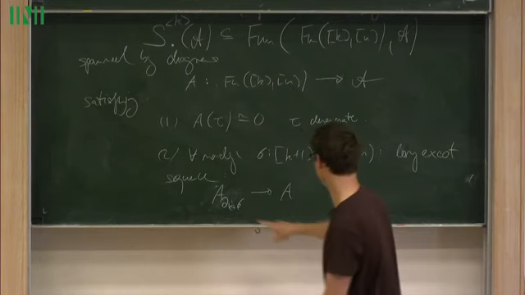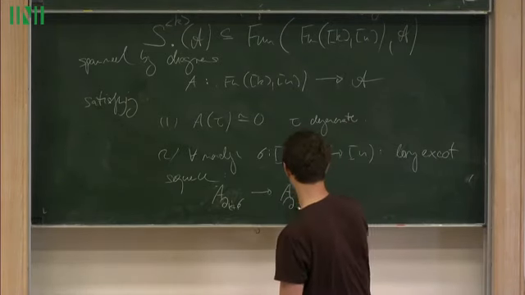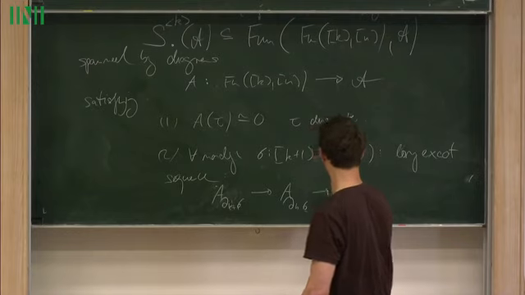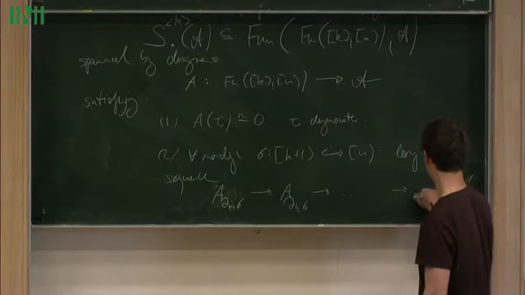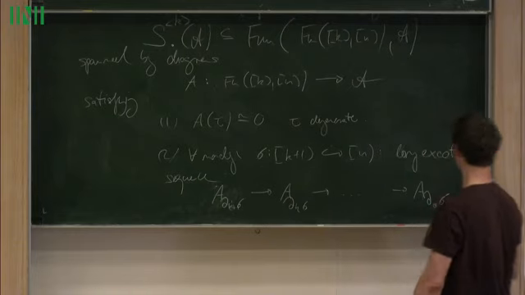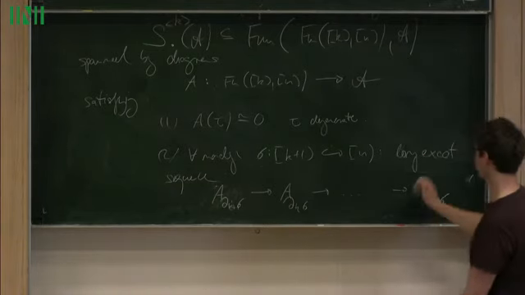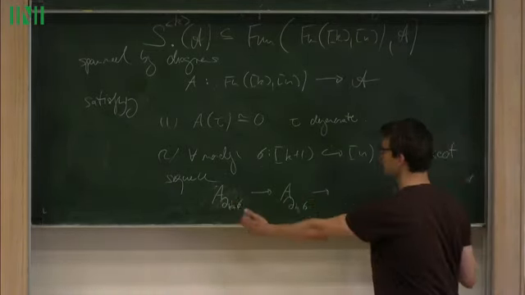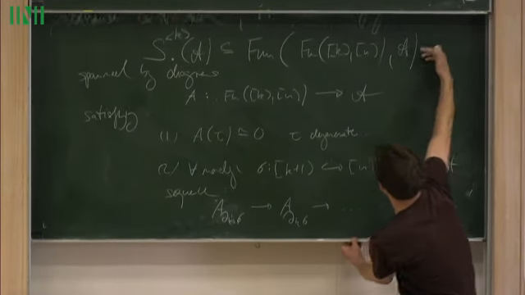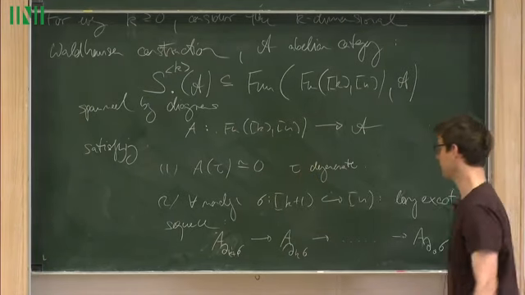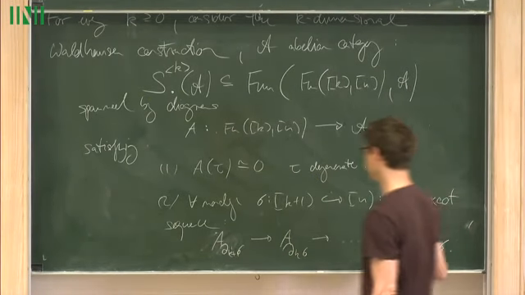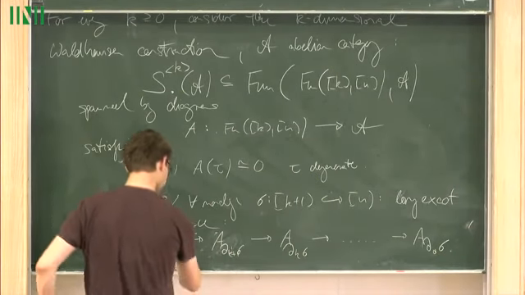Right, so there's actually a sequence of this kind, del k of sigma all the way up to del 0 of sigma. So this sequence exists just by the definition of these diagrams, and the sequence is supposed to be long exact. So I also have to include zeros here.